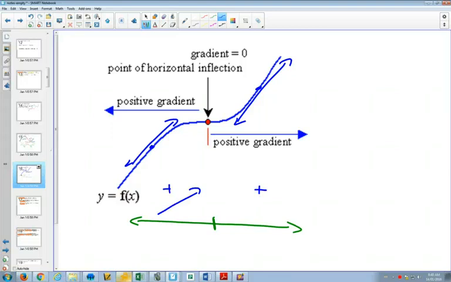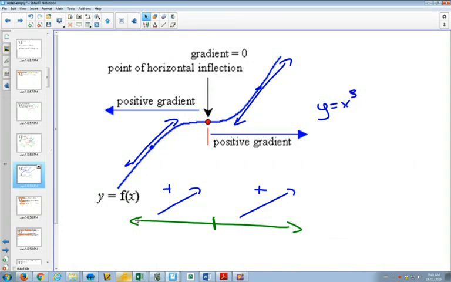So my function is increasing and increasing again. So the way that that works is our graph is going to be increasing, it's going to flatten out, and then start to increase again. And again, this happens in graphs like y equals x cubed.